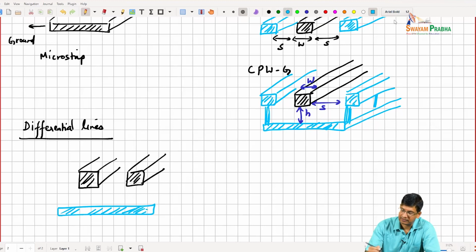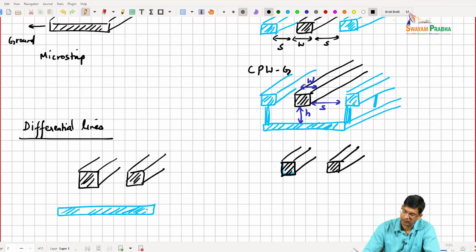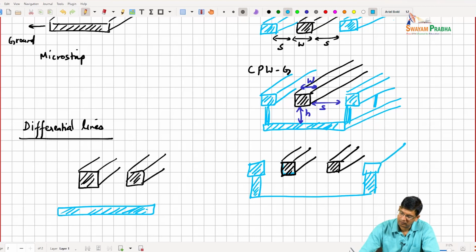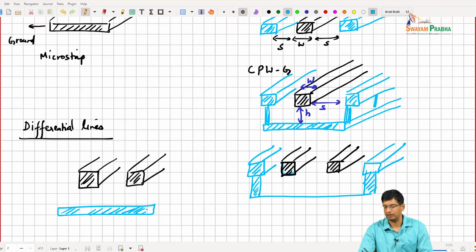Or we can extend the CPWG structure, if we like, to a differential structure as well. So we can build differential lines like this, right?